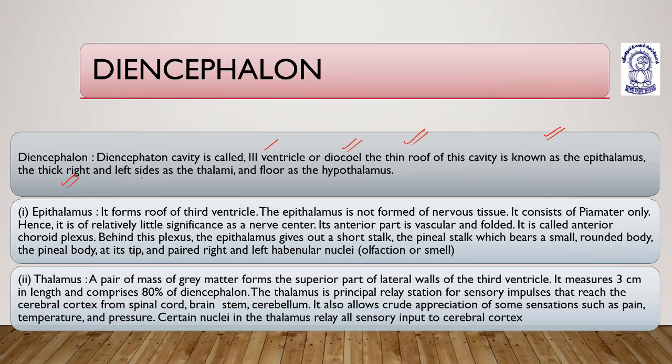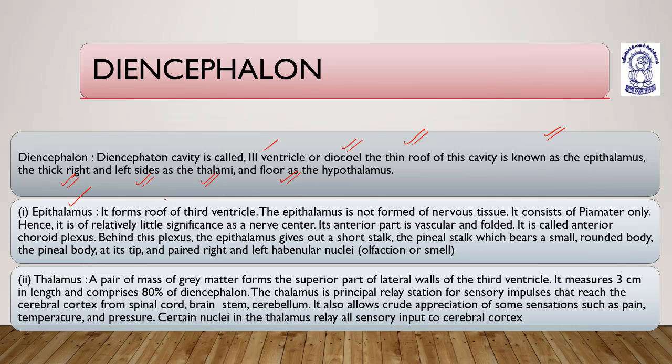The thick right and left sides of the diencephalon are known as thalami, and the floor is known as the hypothalamus. So the diencephalic cavity is called the third ventricle, or diocele. Its thin roof is the epithalamus, surrounded laterally by thalami, and the floor is the hypothalamus.